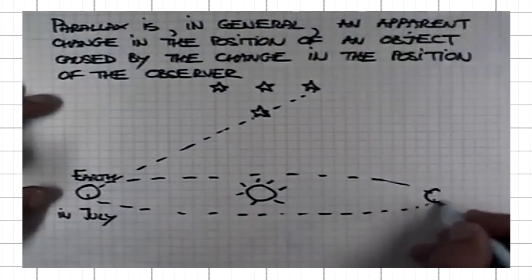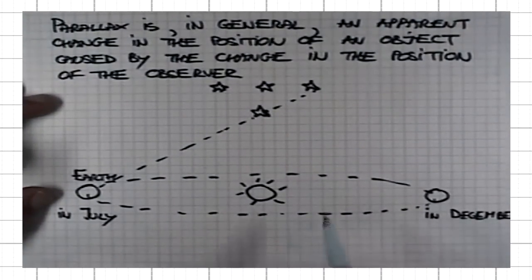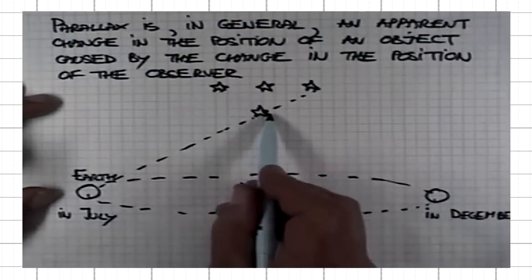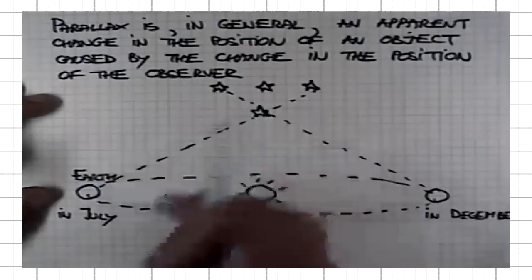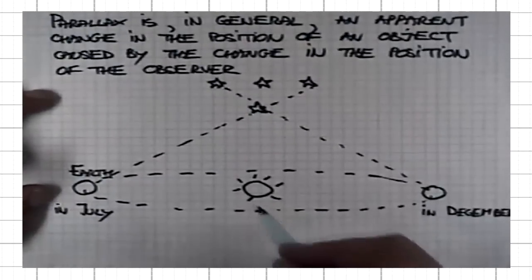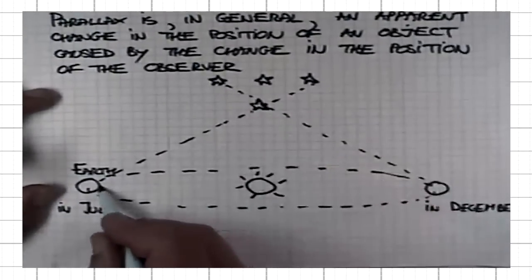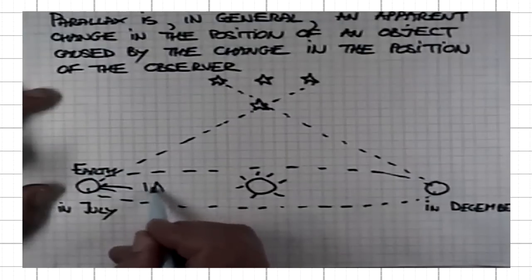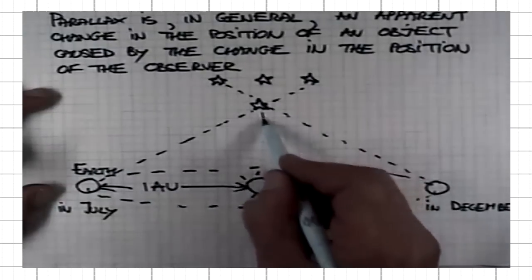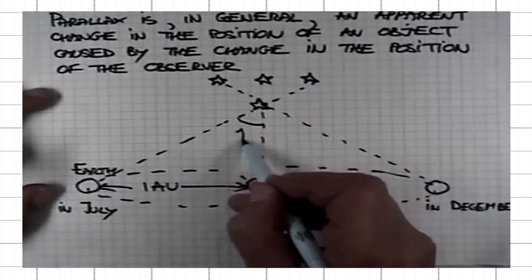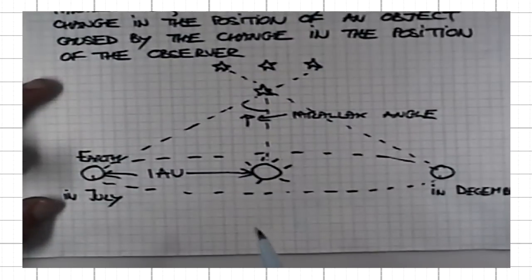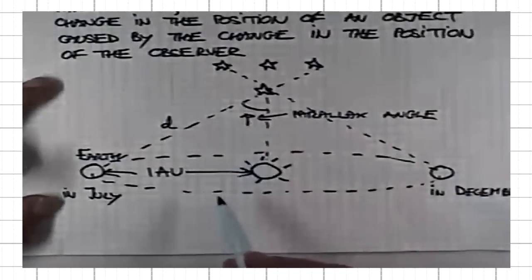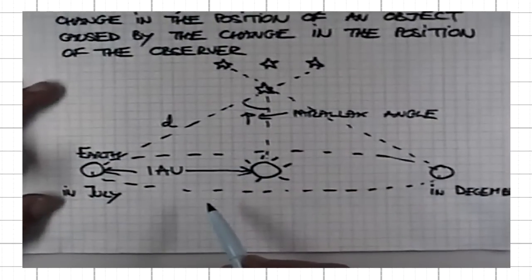And then in December, it would appear that that same star is now closer to the one on the left, right? The base is one astronomical unit, and this angle here, P, is called the parallax angle. And if the distance d to the star is very large, the parallax angle becomes very small and hard to observe or detect.